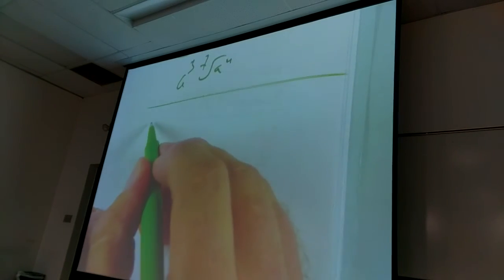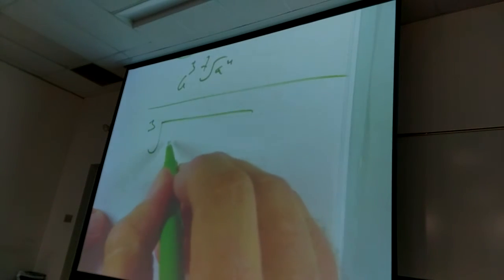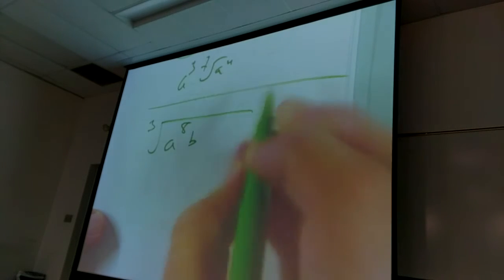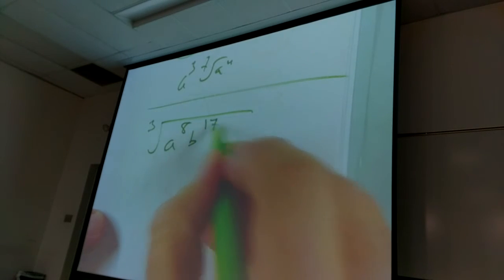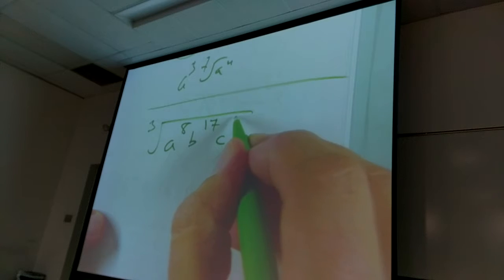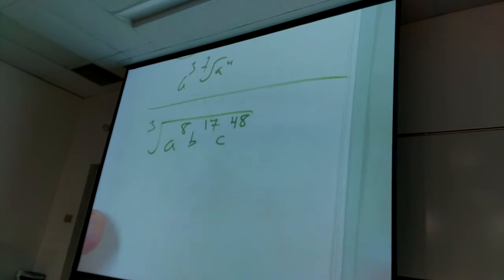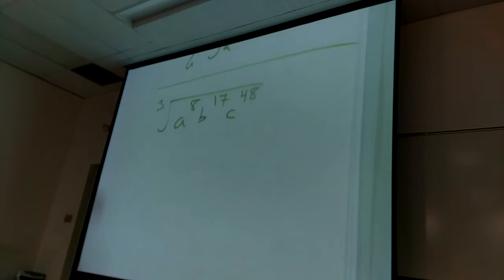All right, let's do another. What about if I had the cube root of a to the 8th, b to the 17th, c to the 48th?